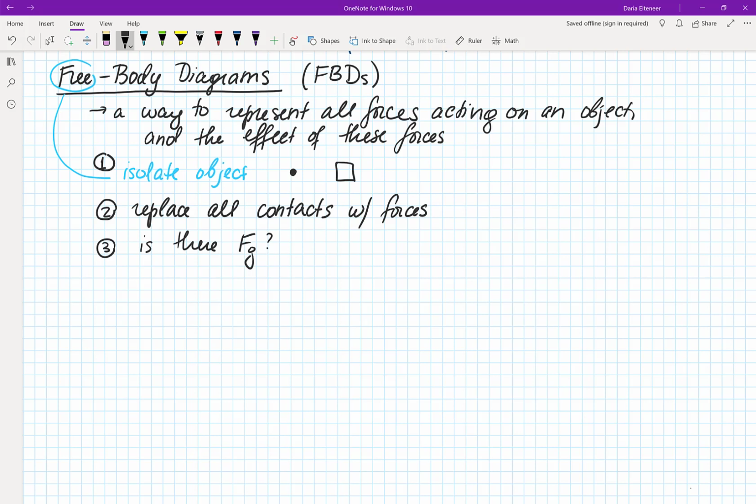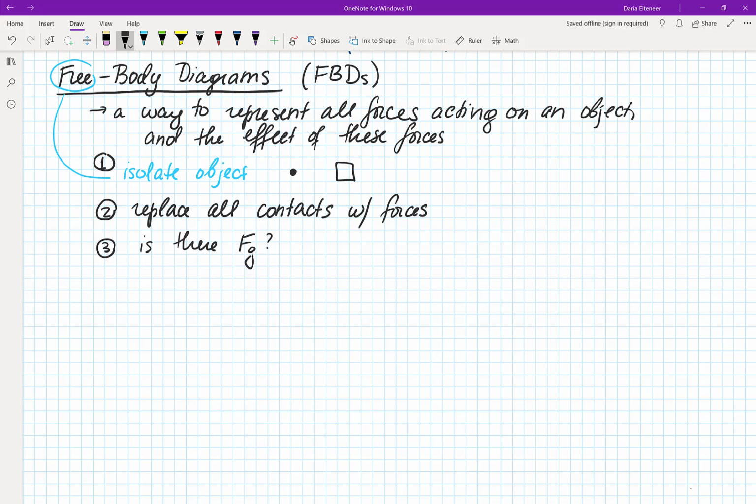And the third situation, which actually might come up, is if the force of gravity is in the z direction or third direction, where all of the other forces that we care about are in the other two directions. Remember that all three dimensions are independent of each other. So sometimes, if you're only limiting yourself to one or two dimensions, the force of gravity may not matter for those dimensions, and you can ignore it.